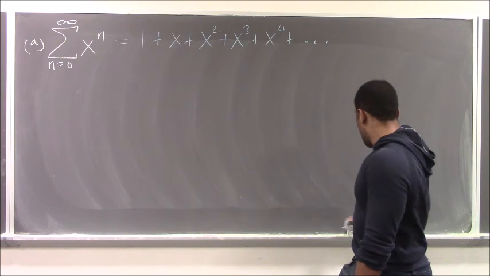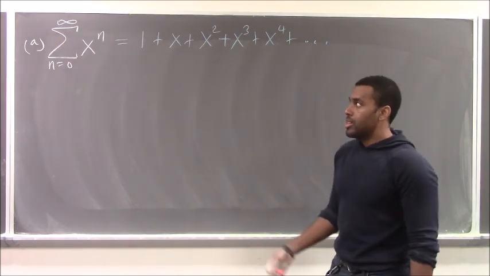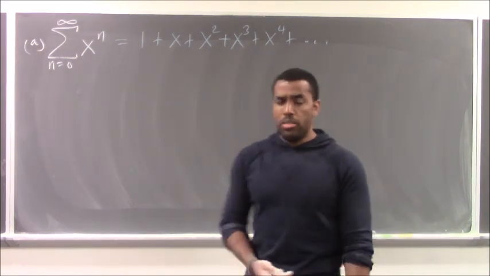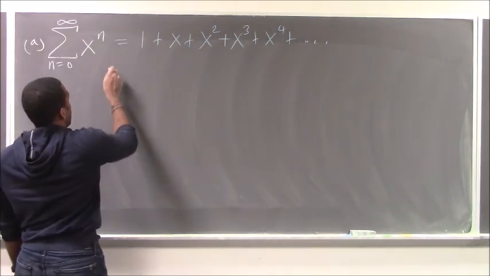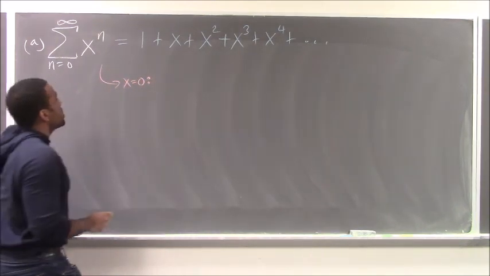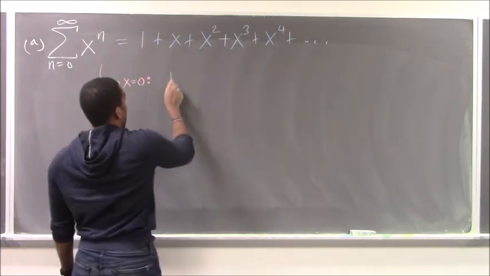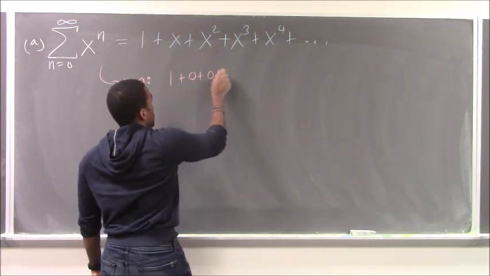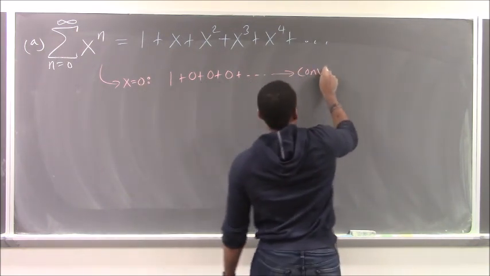Now, this is not me doing the problem, but just to get a little bit of intuition going here. Notice that if I were to plug in x equals 0, what would this actually mean for the sum? I would get a series that looks like 1 plus 0 plus 0 plus 0 plus and so on. Notice that this will converge.